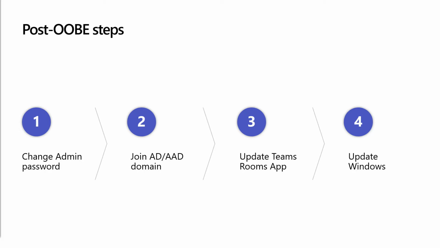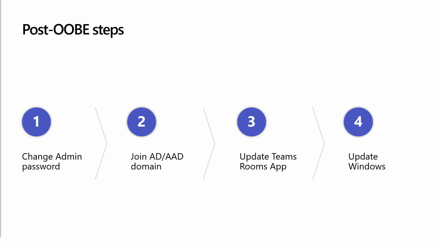The second option is optional, and that would be a time to join Active Directory or Azure Active Directory. Joining Active Directory or Azure Active Directory would allow you to import administrators into the local administrators of Teams Rooms. The third step is to update the Teams Rooms app itself. Make sure you're on the latest version of Teams Rooms app, as there are new features and fixes with each release.